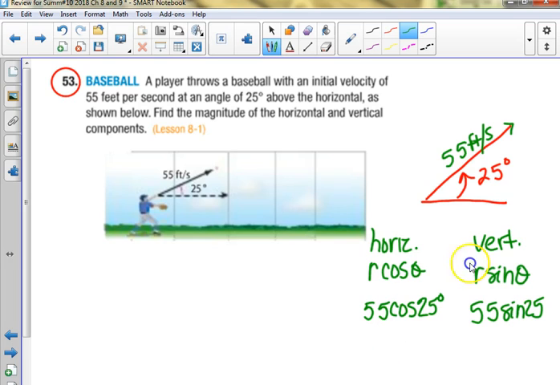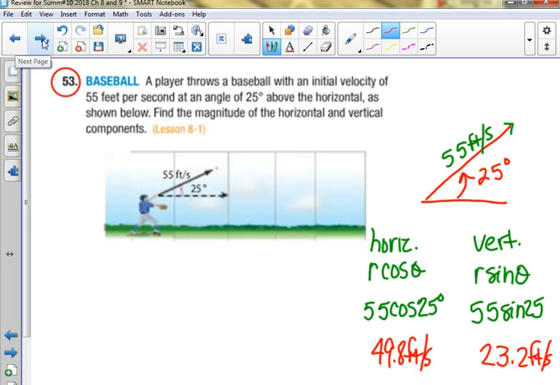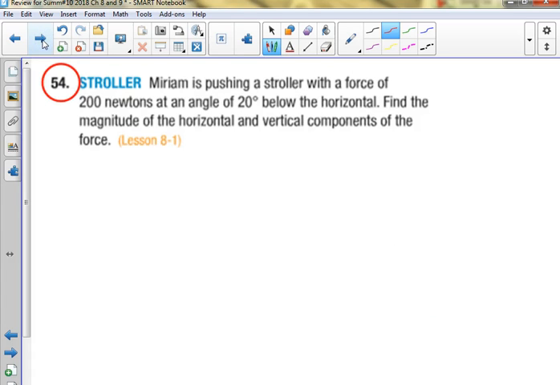The horizontal component is 49.8 feet per second, and the vertical is 23.2 feet per second. And you don't really need a label there, as far as I'm concerned. Are we good? Any questions? Okay.